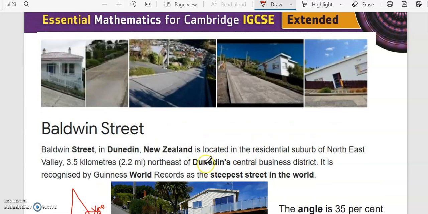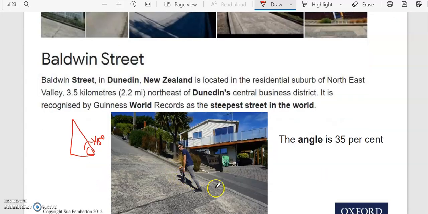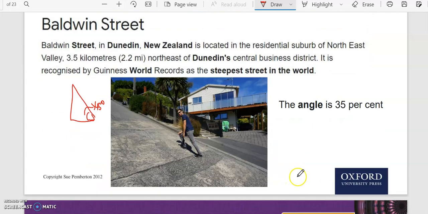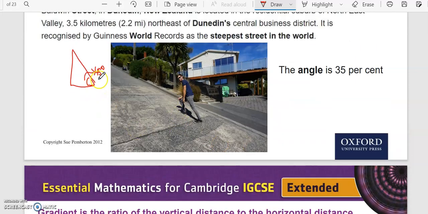Waktu ni saya belajar dekat New Zealand dan saya pergi melancong berjalan-jalan dekat kawasan Dunedin ni, dan saya pergi ke jalan ni dan memang sangat steep. Penat kalau you nak jalan kaki macam ni je. So itu untuk additional lah, maknanya angle dia 45 dah memang sangat susah you nak berjalan.